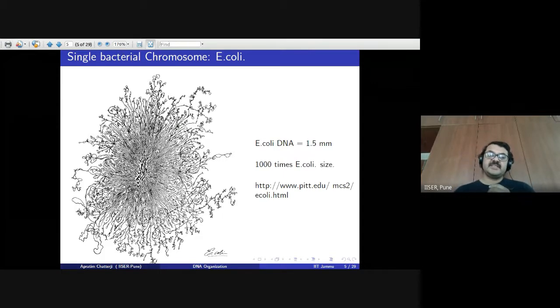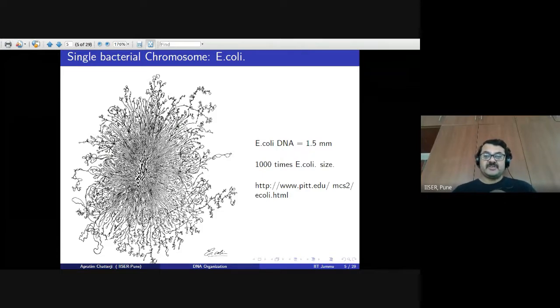The basic message is the amount of DNA packed inside the E. coli cell is about 1,000 times its cell size. The E. coli DNA, if completely stretched end to end, is around 1.1 millimeter, and it is packed inside a cell which is around 1 micron in width, around 5 microns in length.